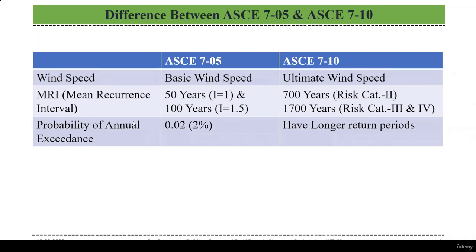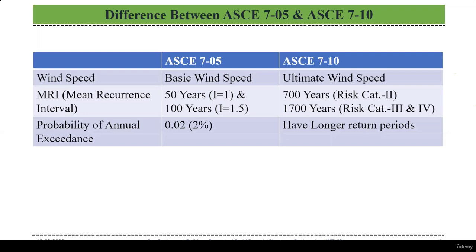So this is 50 years for importance factor 1 and 100 years for importance factor 1.5 according to ASCE 7-5. Whereas in ASCE 7-10, they have removed the importance factor and introduced a new term, risk category.